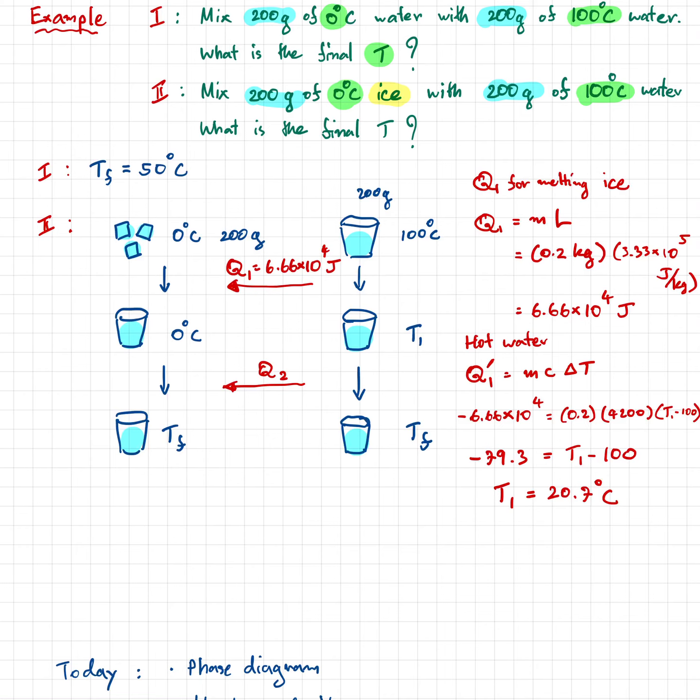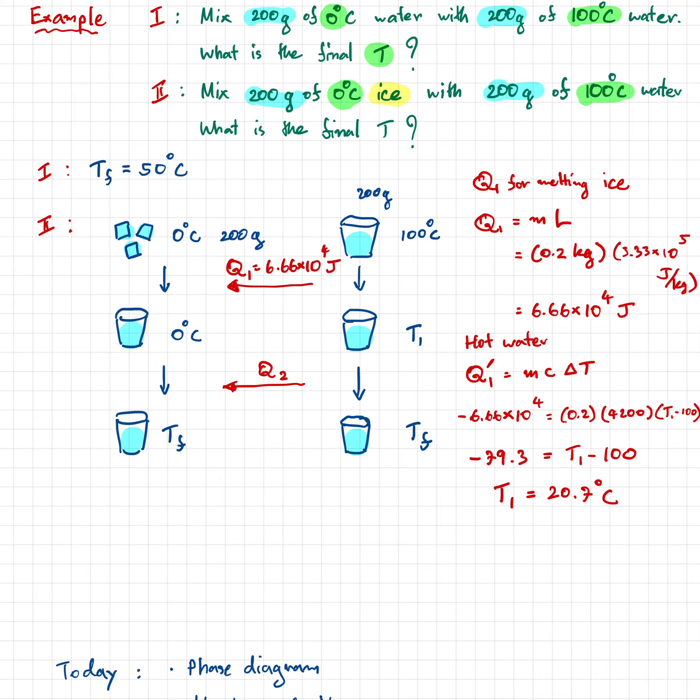For example, I can simply increase the amount of ice from 200 to 400. If you repeat this calculation, you're going to get T1 to be negative, which cannot be the case. Then you know that it's not enough energy to melt all the ice, and that's going to be a totally different problem. But in our case, we have enough hot water to melt all the ice.